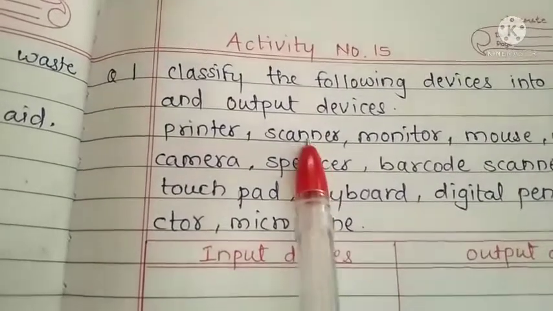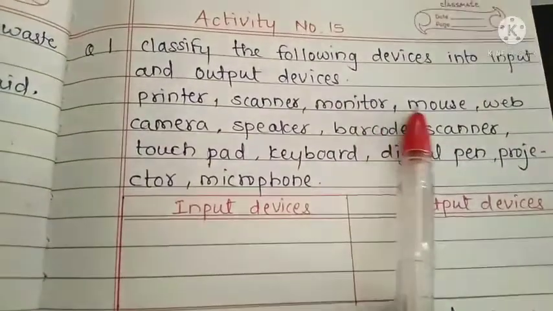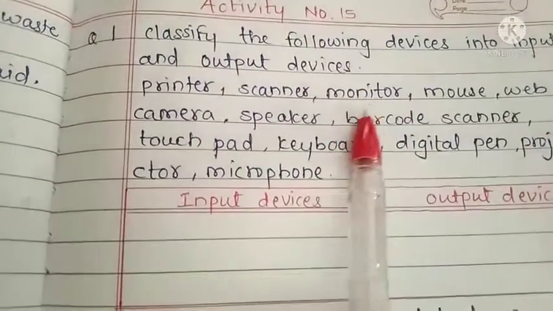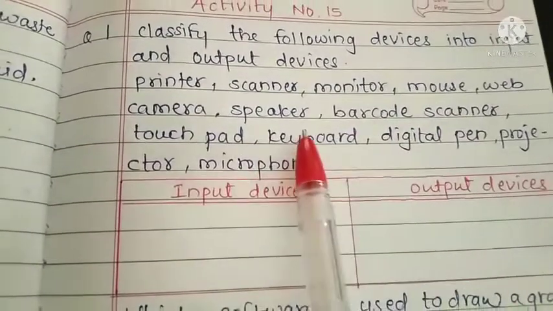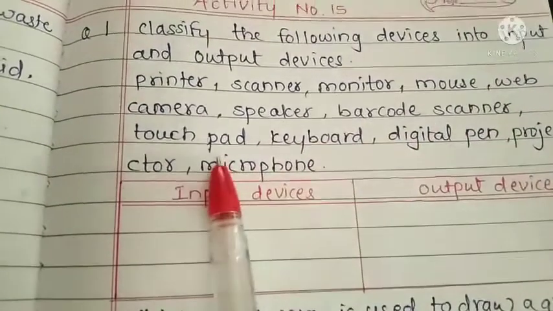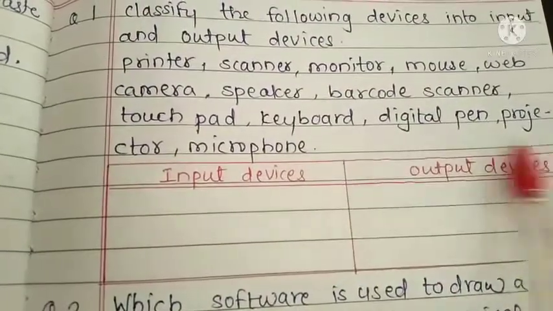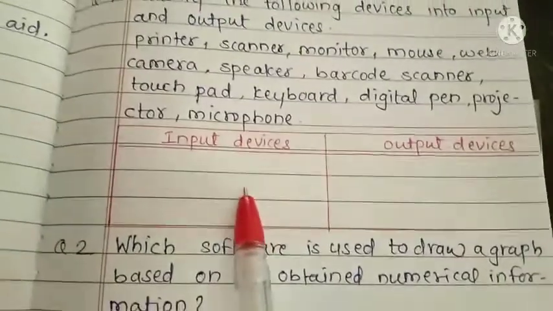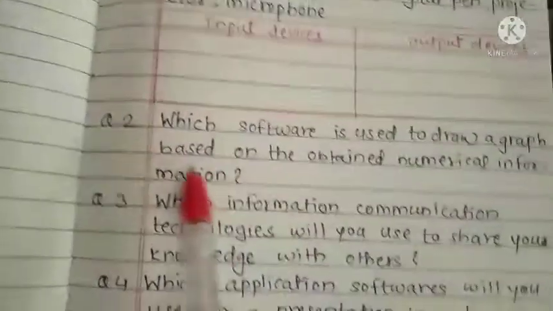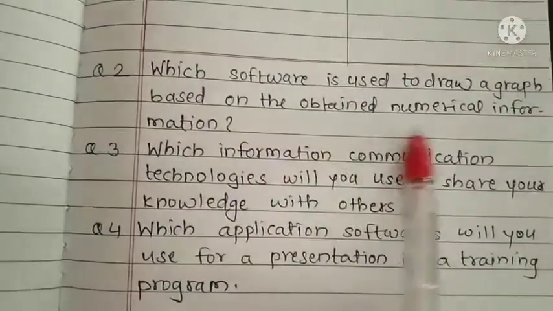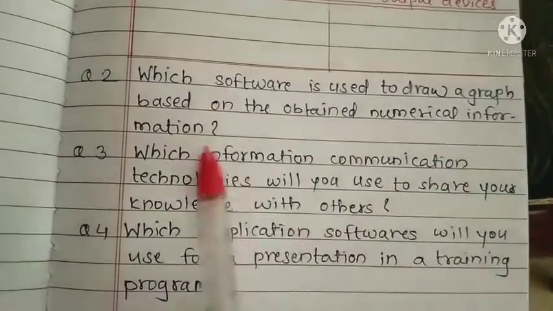And this one is the last activity, activity number 15. Question 1: classify the following devices into input and output devices: printer, scanner, monitor, mouse, web camera, speaker, barcode scanner, touchpad, keyboard, digital pen, projector, microphone, etc. Question 2: which software is used to draw a graph based on the obtained numerical information?